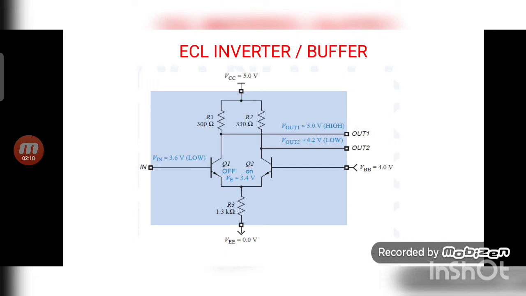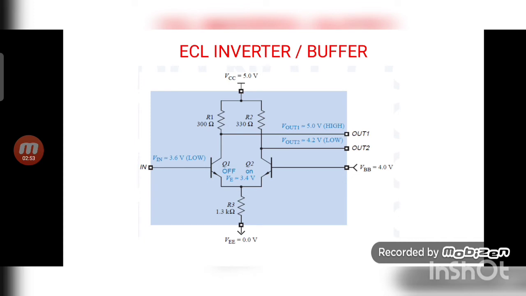Now we will see the operation of the ECL inverter. Initially, Vin is low, which means Q1 will be off and Q2 will be on. Q2 on means VBB is connected at 4 volts. Q1 off means there is no path from VCC to ground through Q1, so VCC goes directly to the output terminal, Vout equal to high, that is 5 volts.